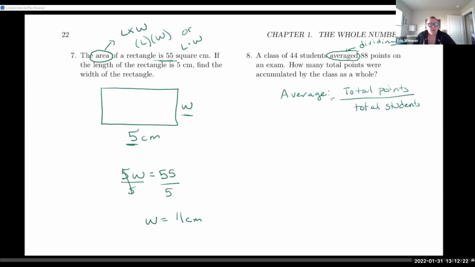There are terms here that, if you don't know what they mean, you're not going to be able to set up the problem. So we have to understand what the word average means: taking your total points and dividing it by the total number of students. Knowing how to set that up, I want you to try this one and tell me what you get as the answer, okay?